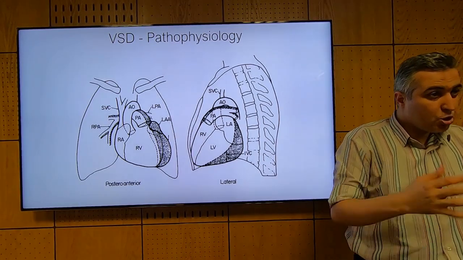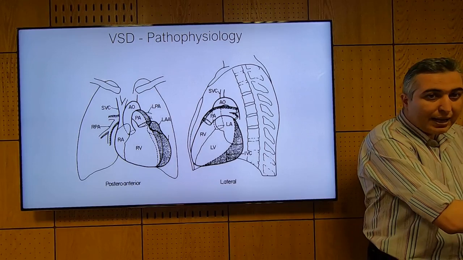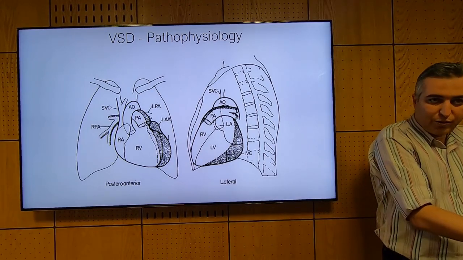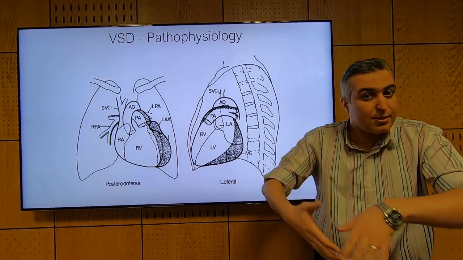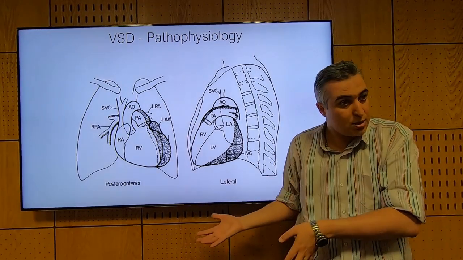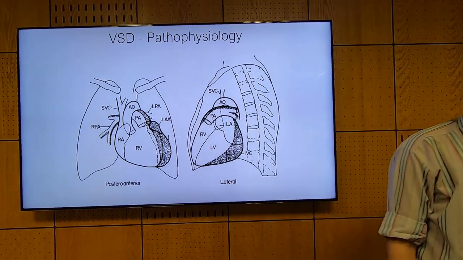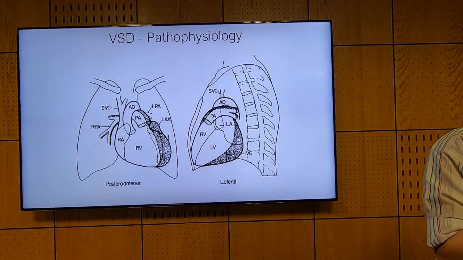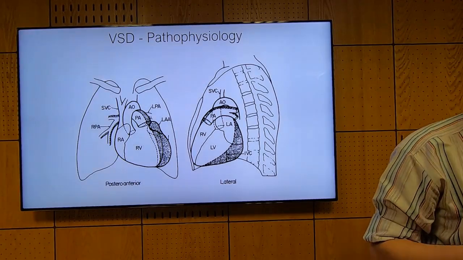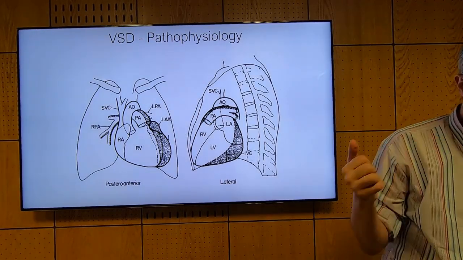Symptoms. These patients have symptoms of high pulmonary flow, gradually improving symptoms, then gradually starting to get cyanosis. What else? Oxygen saturation.